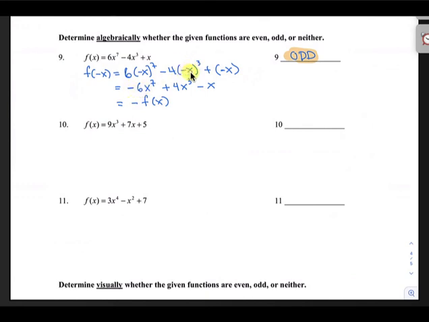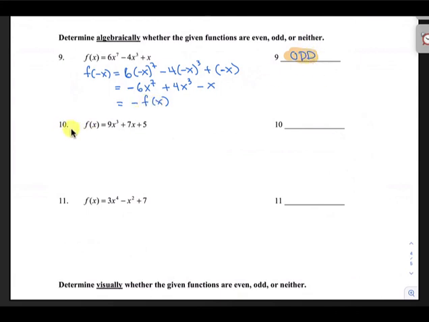Likewise, negative x to the 3rd is going to be negative, so that negative goes out in front, making the negative 4 positive 4. And then you have the negative x on the end. Now, comparing this answer to the original, you can see that all of the coefficients are the opposite of the original coefficients. So this is equal to the negative of the original f of x, and that makes this odd.